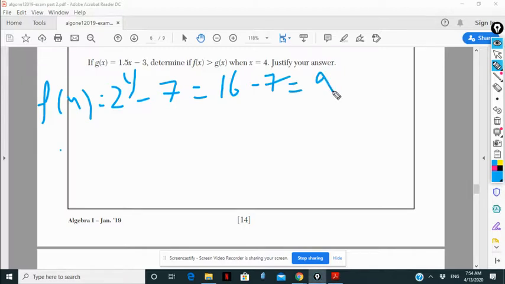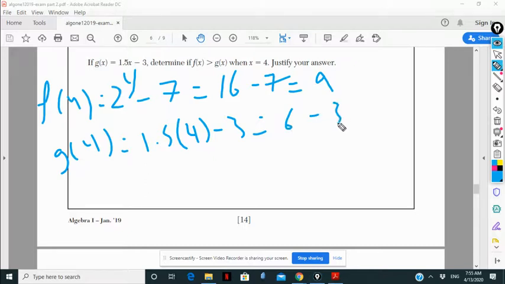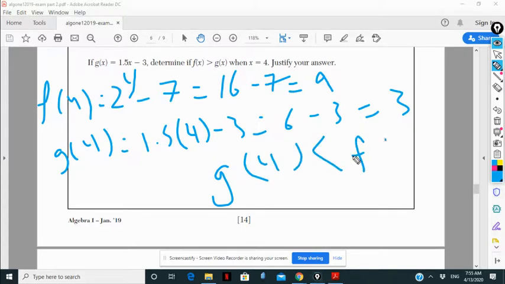Now g of 4: 1.5 times 4 minus 3, which is going to be 6 minus 3, giving me 3. So g of 4 is less than f of 4. Okay.